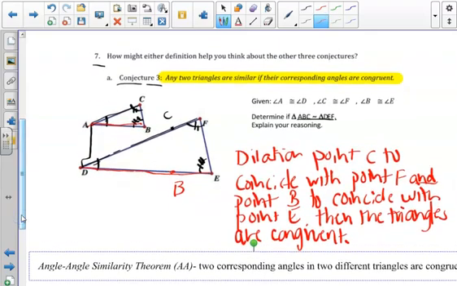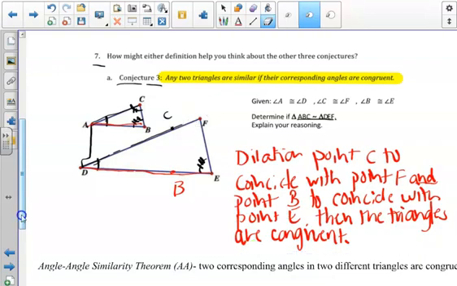So let's now talk about what information we actually knew. We were given 3 angles, but what if we are only given 2 angles? Do we know that the third angle will be congruent? And the answer to that is yes, because if this angle is 30 degrees and angle B and E, let's just say is 60 degrees, we know then the remaining angles for both of these triangles must be 90.